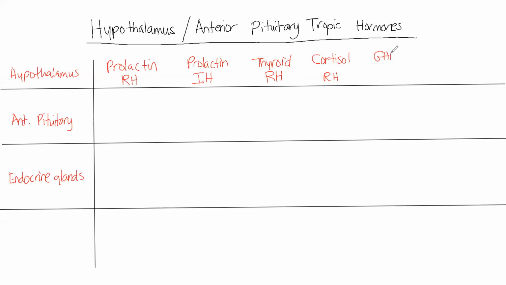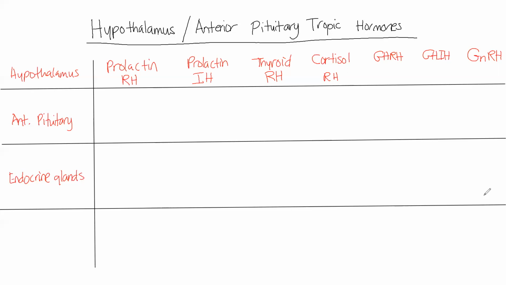So GHRH is actually growth hormone releasing hormone. I'll write that here for short. And growth hormone inhibitory hormone. Okay, so growth hormone releasing hormone, growth hormone inhibitory hormone, and then the final hormone is GnRH, which really stands for gonadotropin, a really long word, gonadotropin releasing hormone.